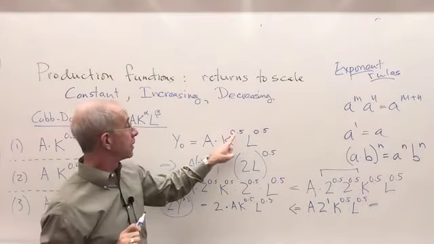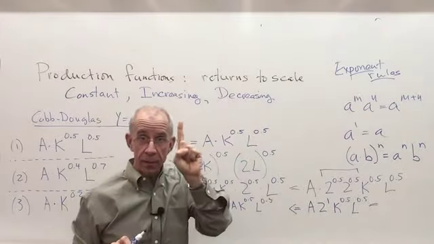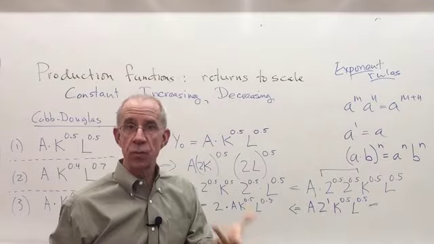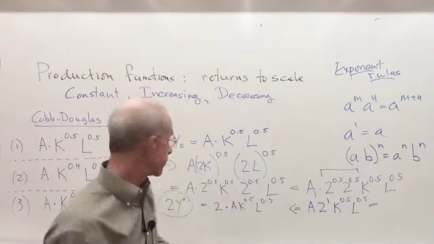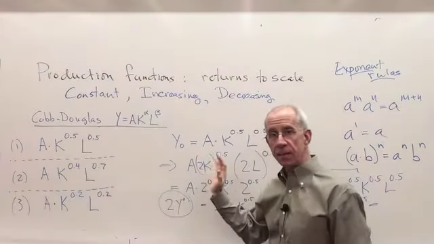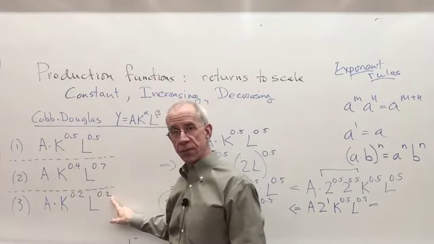In other words, when the exponents add up to 1, we're going to have a constant returns to scale technology with a Cobb Douglas function.